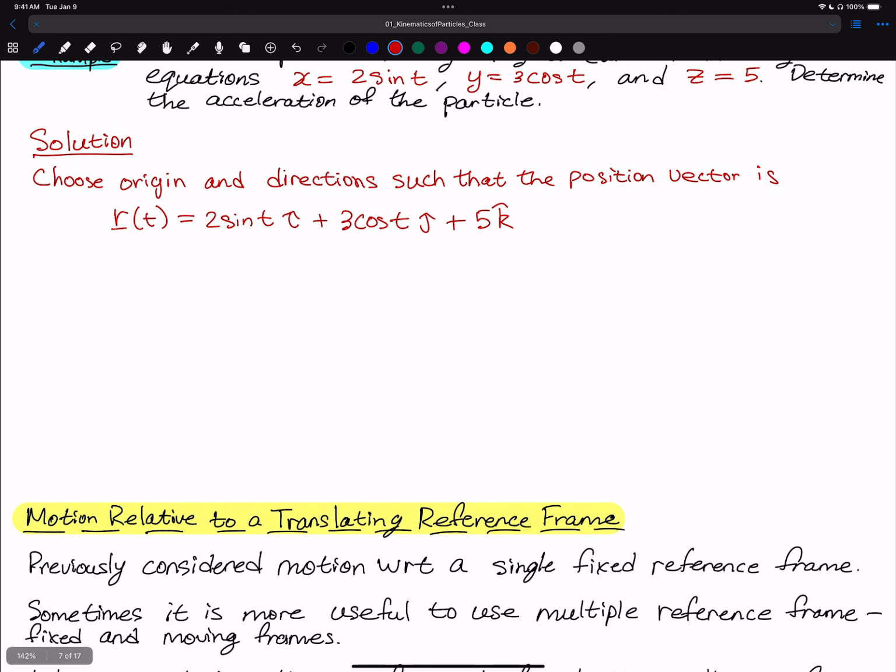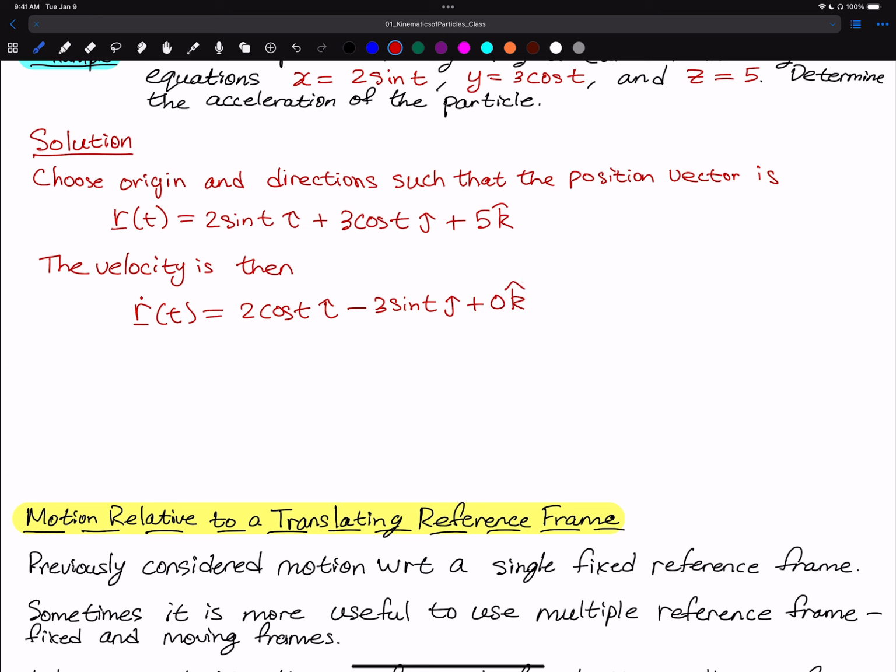We can then compute the velocity. The velocity, r dot of t, is equal to, computing derivatives here, 2 times the cosine of t in the i direction minus 3 times the sine of t in the j direction plus 0 in the k direction.